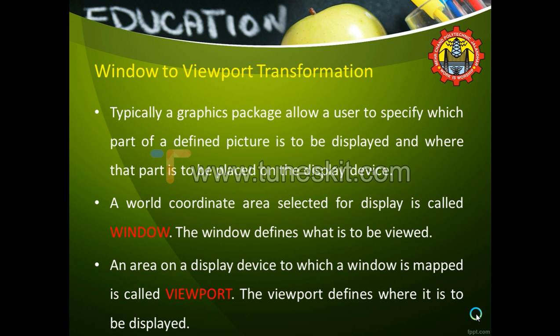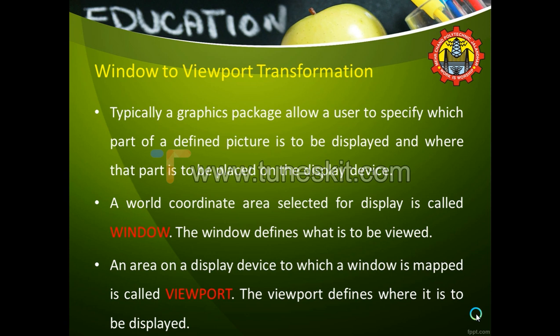In all these lectures, the part of the object you want to display, only a selected part, is selected with the help of a window. After performing clipping, that part is to be shown on your display device.